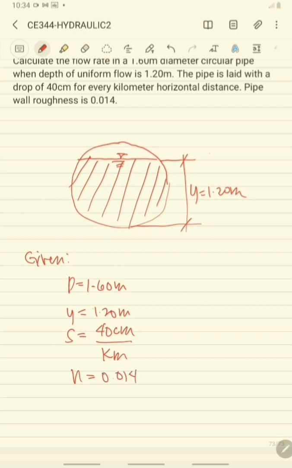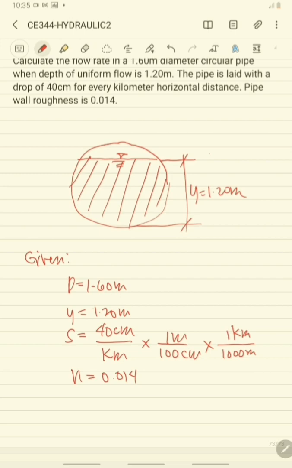0.014. So here we have to convert the slope into meters. 40 cm in meters, 100 cm is equal to 1 meter. Then for 1 kilometer you have 1000 meters.